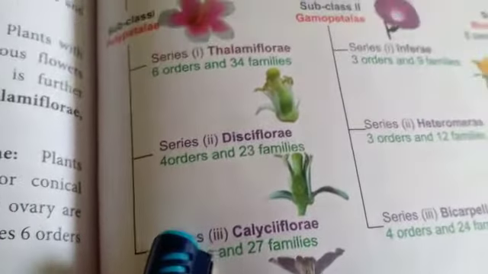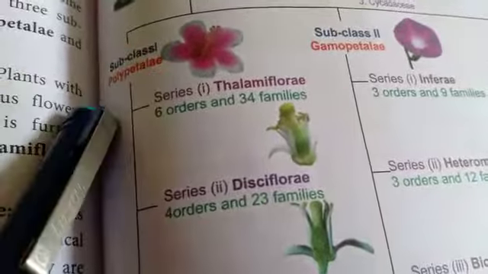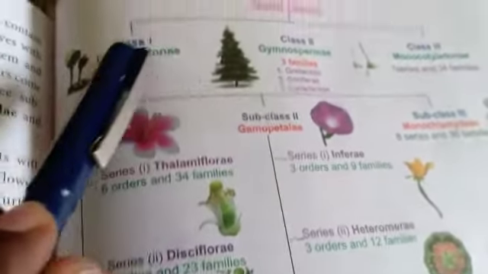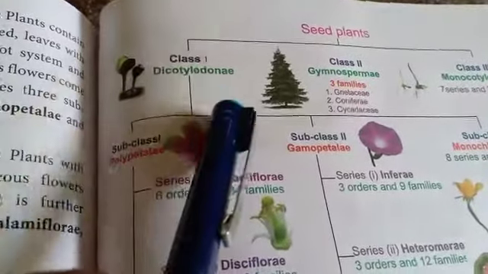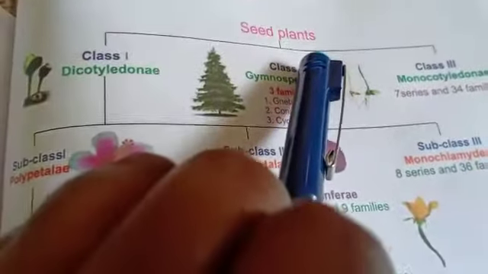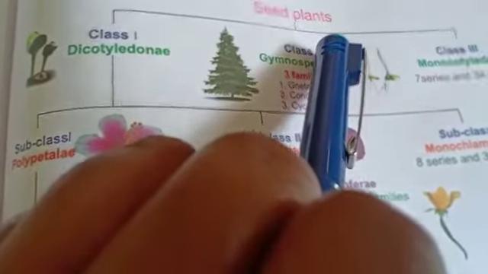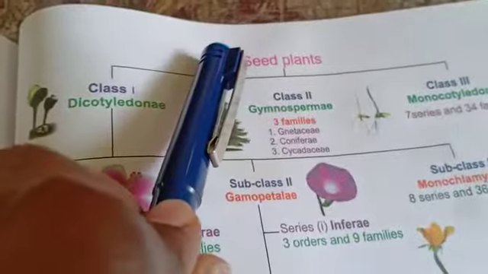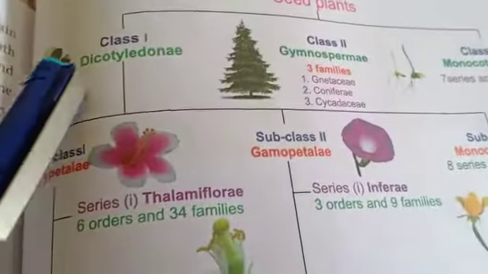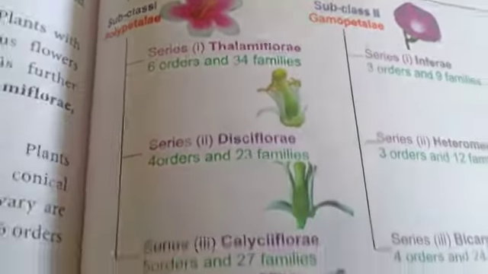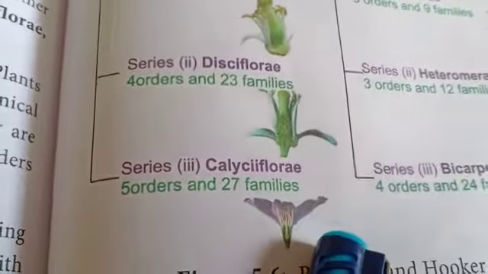This series calciflorae comes under subclass Polypetalae. Polypetalae comes under class Dicotyledonae. Class Dicotyledonae comes under seed plants. Okay. So the classification would be kingdom seed plant, class Dicotyledonae, subclass Polypetalae, series calciflorae.